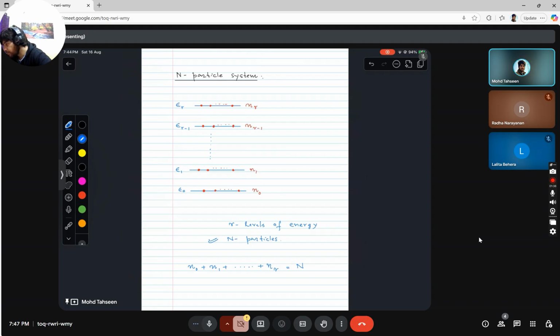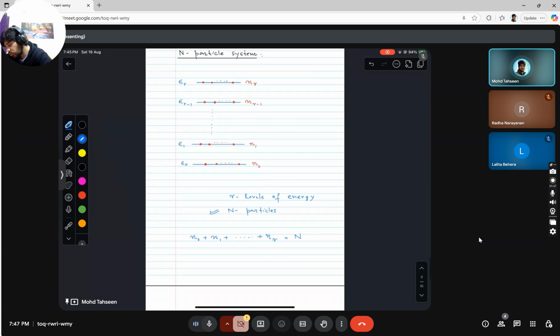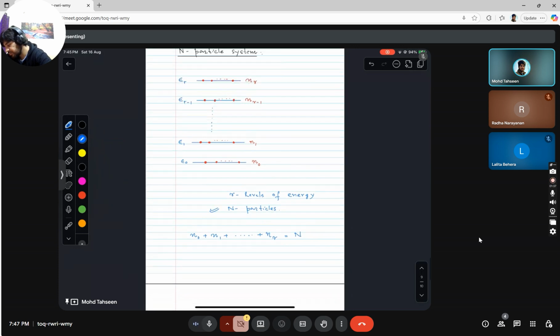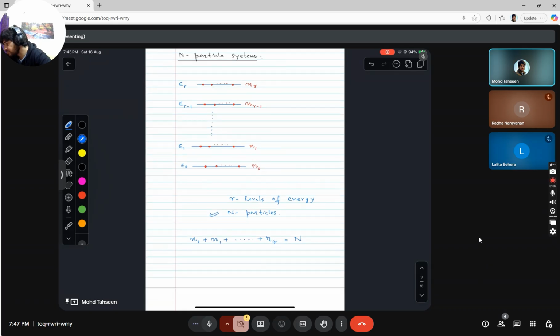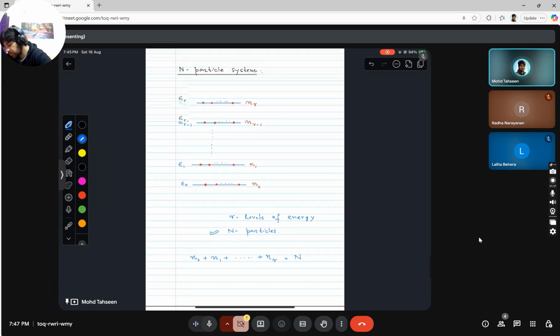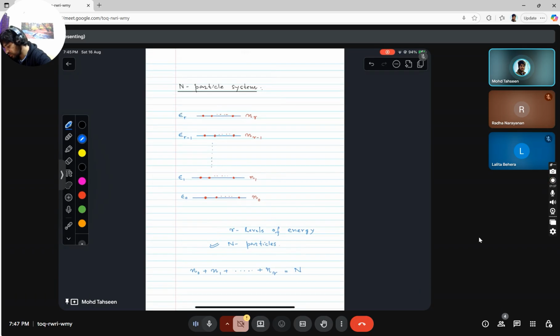And now my second condition: the energy of this system is fixed, right? I don't know how much that is, but that energy is fixed, and we will use that. But what I want to find out is for this particular microstate.